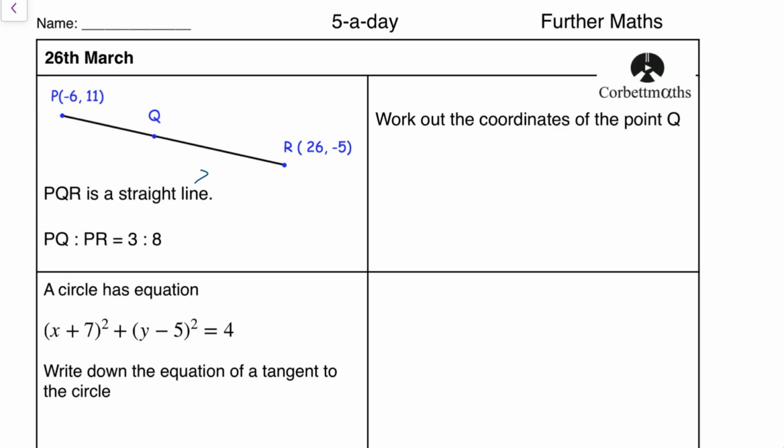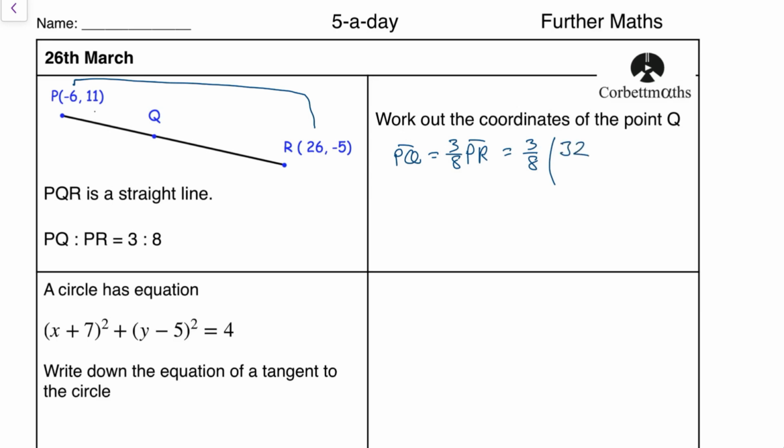And that's how I'm going to do this question: I'm going to note that PQ is equal to 3/8 of PR. So the thing I need to be able to do is work out PR. So it's going to be 3/8 of, well, to get from P to R, I'll go from -6 to 26, which is plus 32.